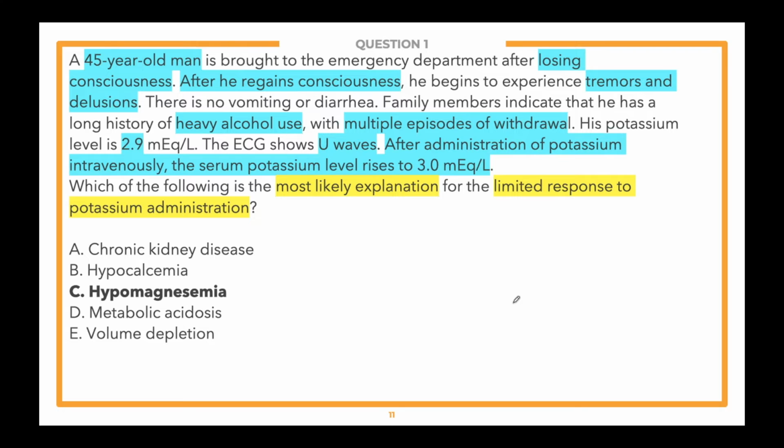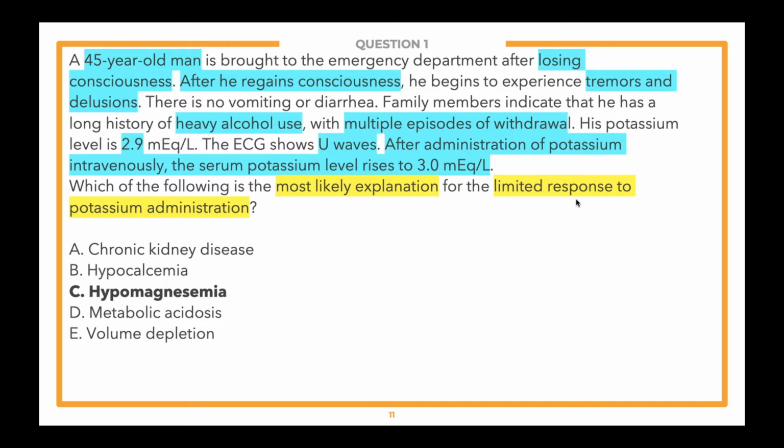Metabolic acidosis would actually cause hyperkalemia, so kind of the opposite effect. Hypocalcemia is not something that's generally associated with refractory hypokalemia. And then lastly, patients with CKD are also not at risk of developing hypokalemia, and those patients would respond if you gave them potassium. So not the best answer there. So the best answer choice here, like you guys selected, is answer choice C.